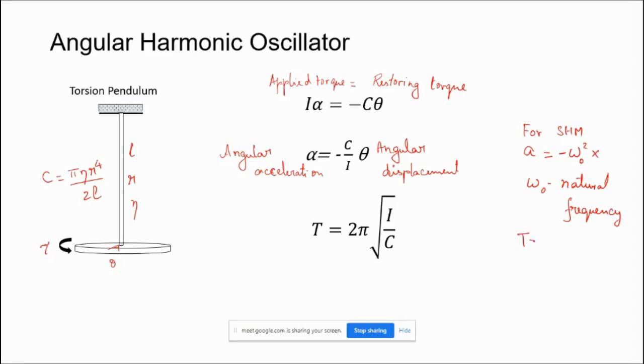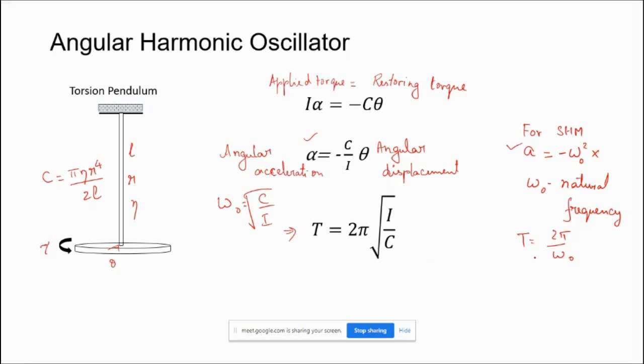So, T equal to 2 pi by omega naught. Comparing this expression with the condition for SHM, you have omega naught equal to root of C by I in case of a torsional pendulum. This implies the time period T is 2 pi root of I by C.